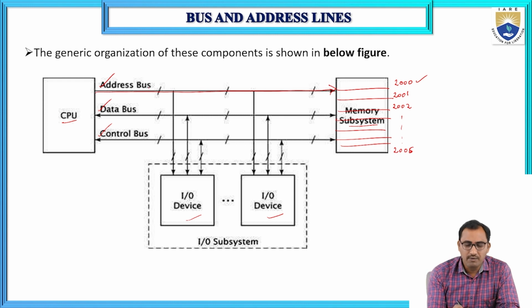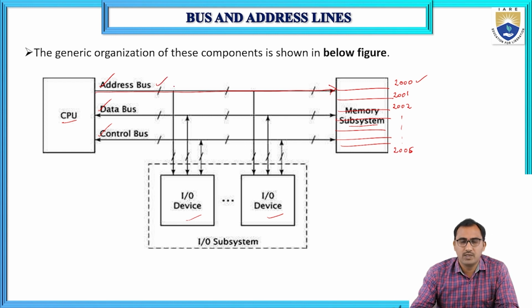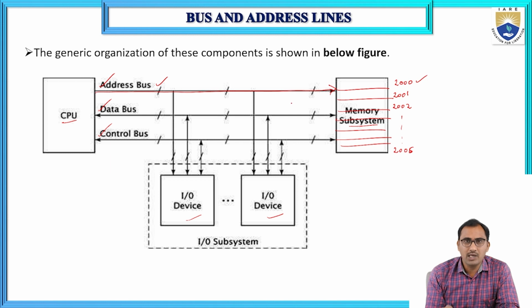For that purpose, we have an address bus, which carries the address. That means it specifies from which location we are reading data or writing data into the memory. So this is unidirectional from the CPU to the memory.